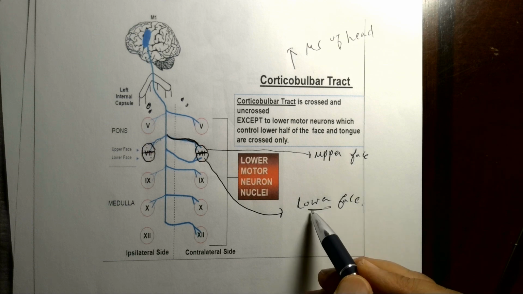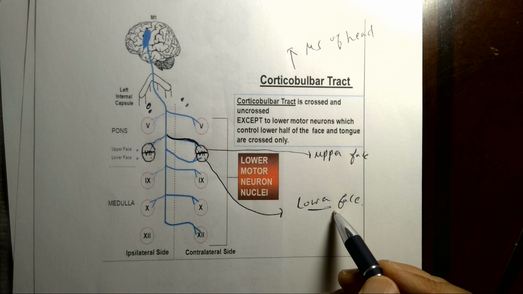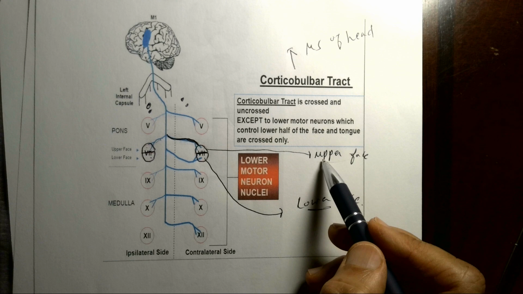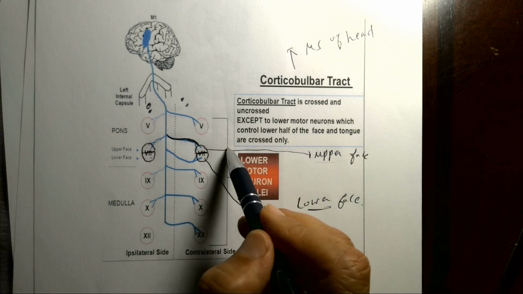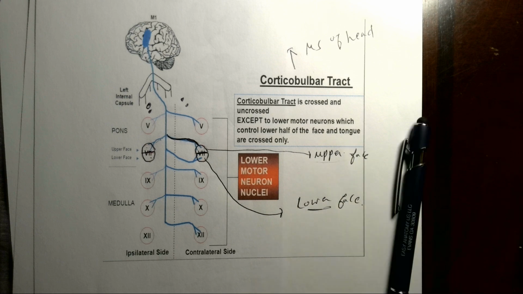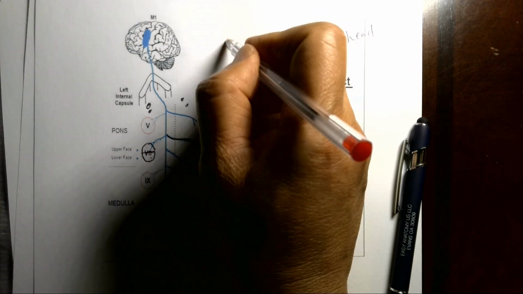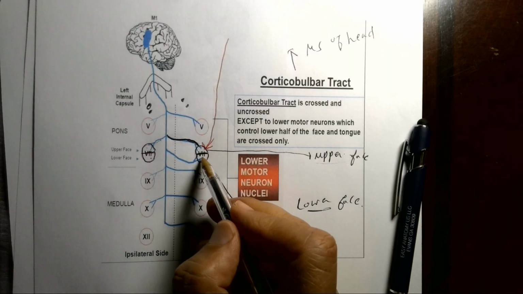Like triangularis, depressor anguli oris, depressor labii. Upper face like orbicularis oculi, levator labii, etc. So the upper face is going to receive control from both sides, okay? However, the lower one receives only from the opposite side.